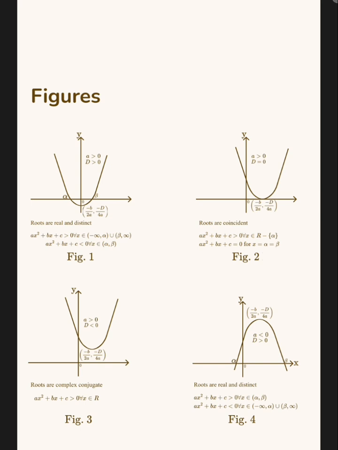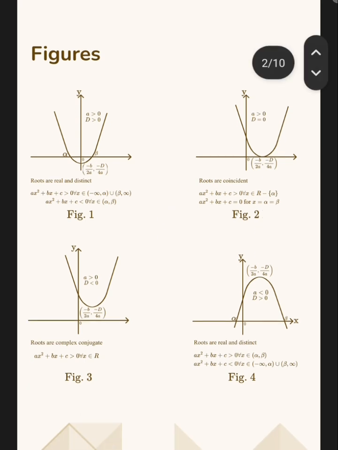If the discriminant is greater than 0, then the parabola will intersect the x-axis at two distinct points, and the roots of the equation will be real and distinct. This is like figure 1.